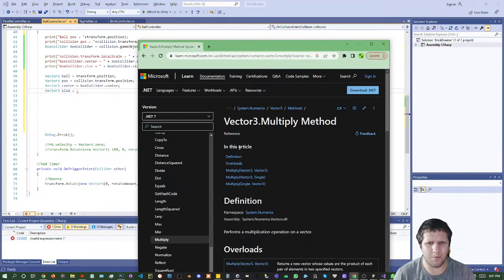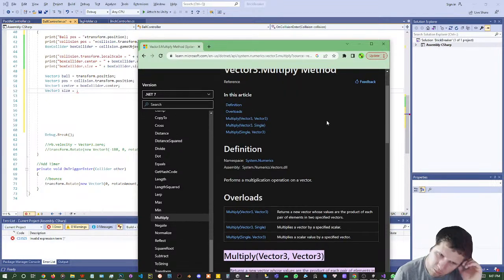Perhaps this is a MathF type thing? Are we sure this is C#? It says C#. Perhaps it's a System Vector3.